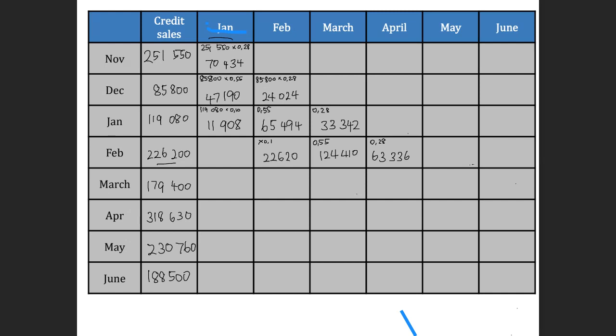So that's going to be 10% in March, 55% April, 28% in May. So this is 17,940, 98,670, and then the last one is 50,232.